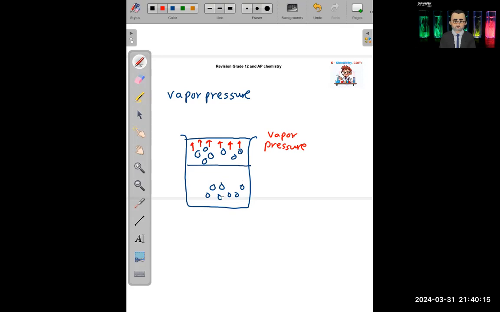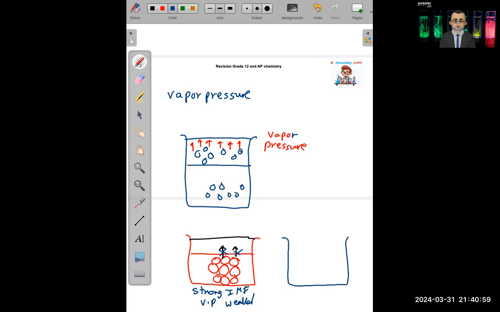We can have particles joined together very strongly, which means the attraction forces between them are very strong, so they don't want to leave each other or break apart and change into gas. The strong intermolecular forces will cause them not to change into gas, so there will be less gas, which means the vapor pressure will be weaker.